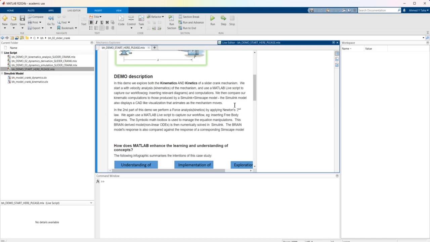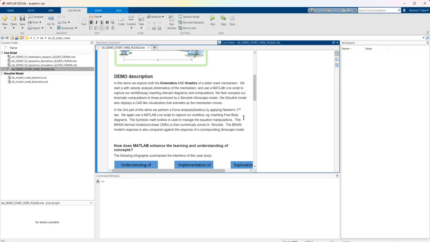The Simulink model also displays a CAD-like visualization that animates as the mechanism moves. In the second part of this demo, we're going to perform a force analysis, which is going to be the kinetics, by applying Newton's second law, and we can use the MATLAB live script to capture the workflow.